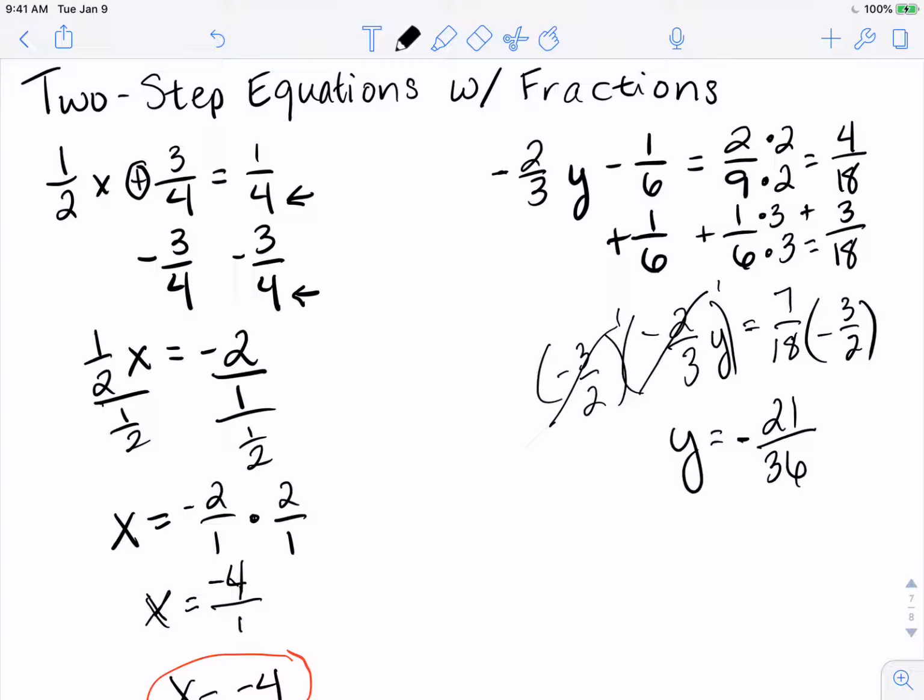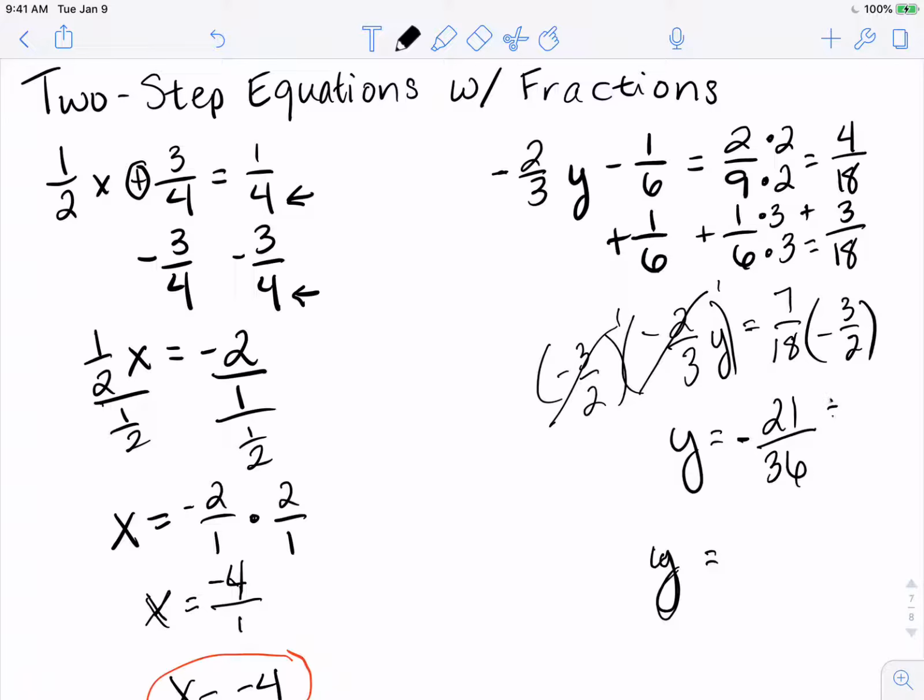You can now reduce your answer. So you have y equals, you need a number that 21 and 36 have in common, which they both have 3 in common.